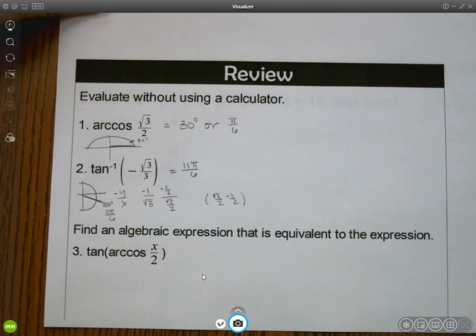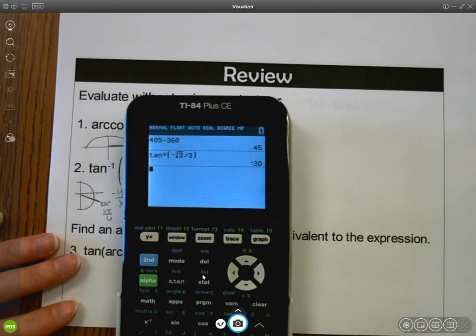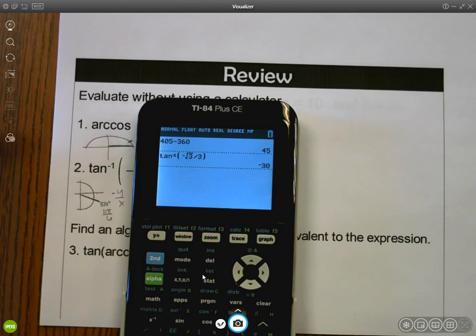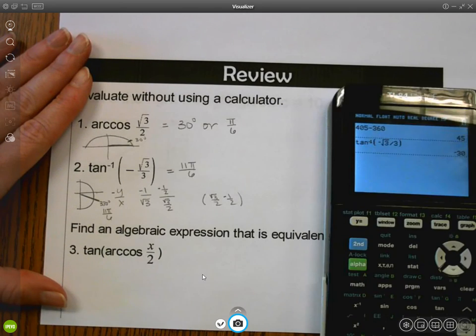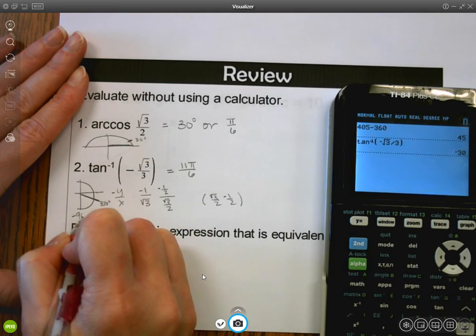All right, again, if you put that in your calculator, what's it going to give you? So let me see. 30 divided by 30. I get negative 30. So put in my calculator, I get negative 30. Right? So I just called this 11 pi over 6. Remember, we're talking negative 90 to 90.